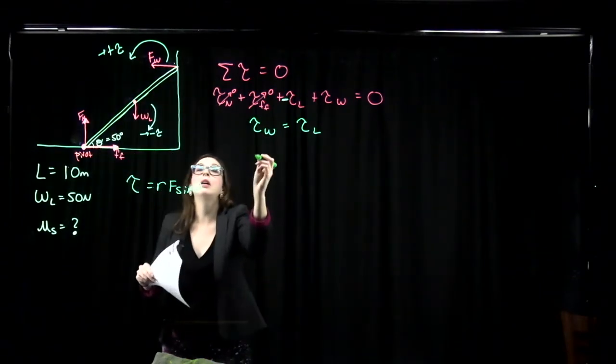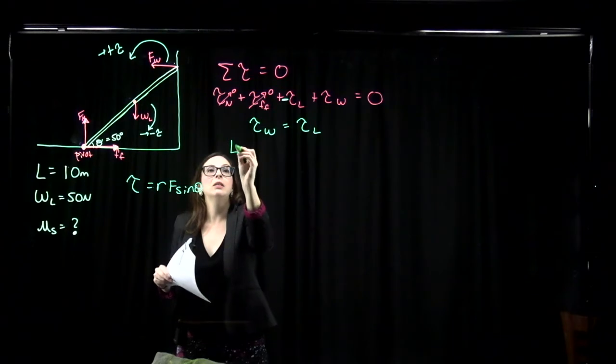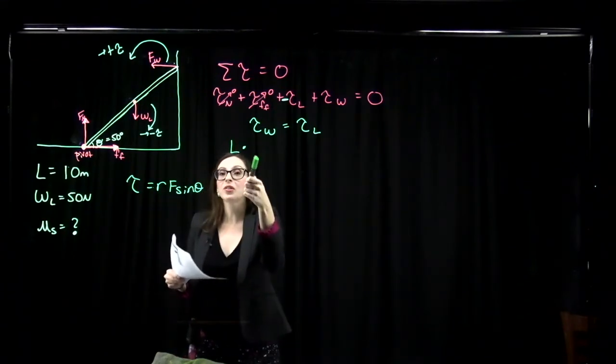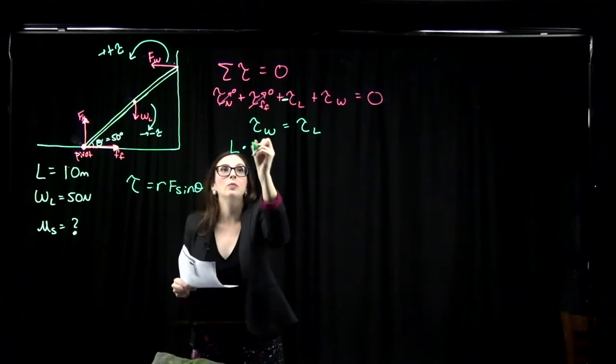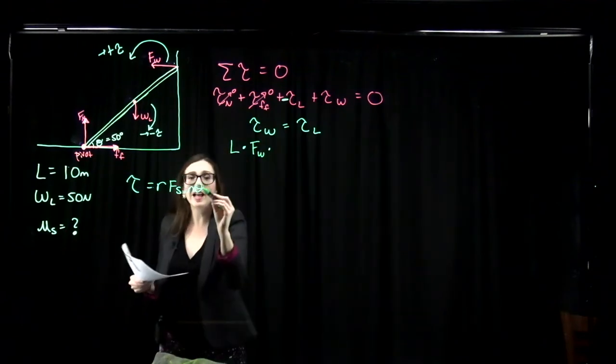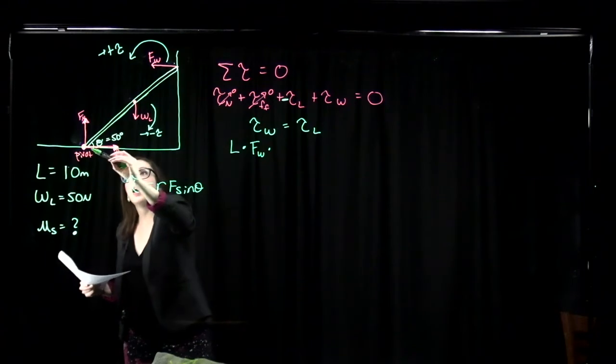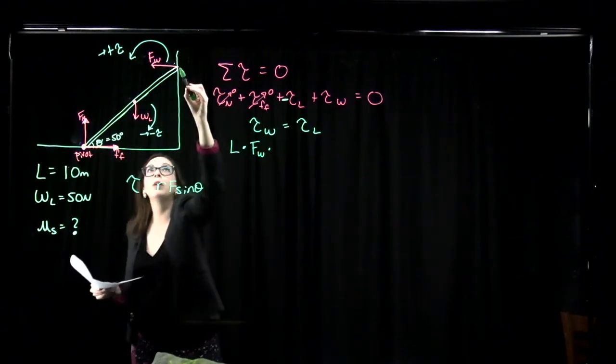So I'm just going to call that L. The entire length of the ladder is r here, times the force that the wall is exerting on the ladder, so I'm going to call it F sub W. This angle theta is the angle between our force and the distance between the pivot and where that force is being applied.